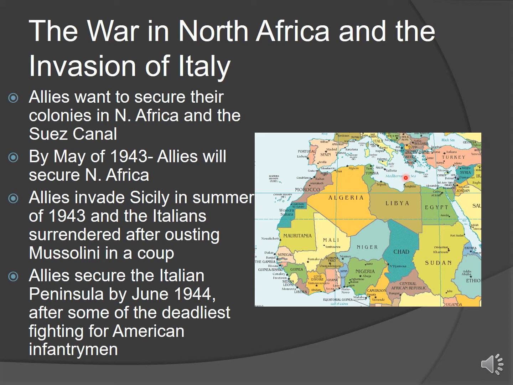And by April of 1945, Mussolini is captured and hung by Italian partisans. So you have this sort of successive conquest of the Italian peninsula. It really is finally secure by June of 1944, but that's after very, very intense fighting all along this Italian peninsula right here. Some of the toughest fighting of the entire war.